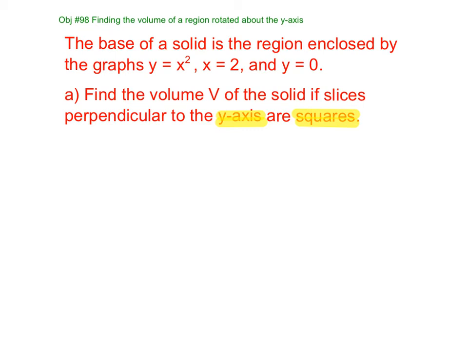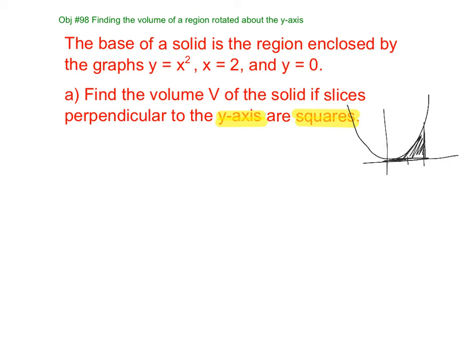Slightly different problem, but we are doing this in terms of the y-axis. So we're going to do squares, y-axis. So pause the video. Try to set this problem up on your own. So I've got my parabola, x equals 2, and y equals 0. Remember, y equals 0 is the x-axis. So that's my region.